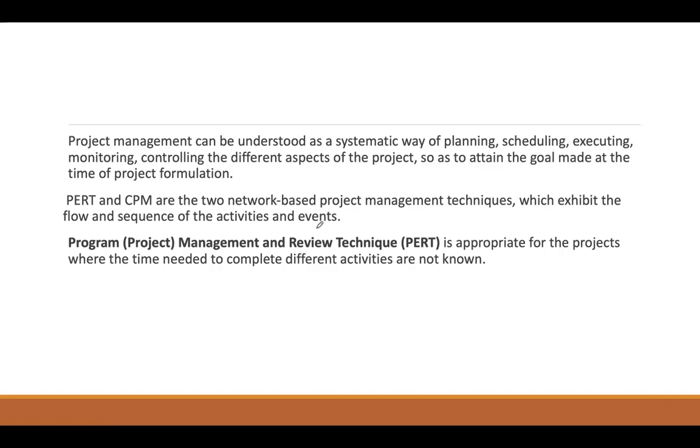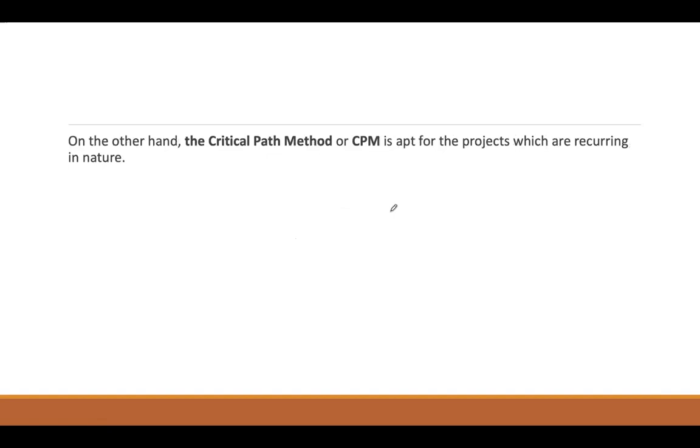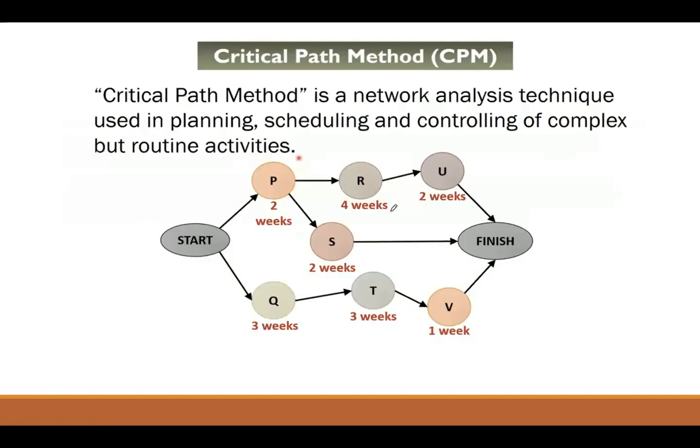Okay, so both of these are network based project management techniques. I'll explain the critical path method in the next table. Critical path method is a network analysis technique used in planning, scheduling, and controlling of complex but routine activities.